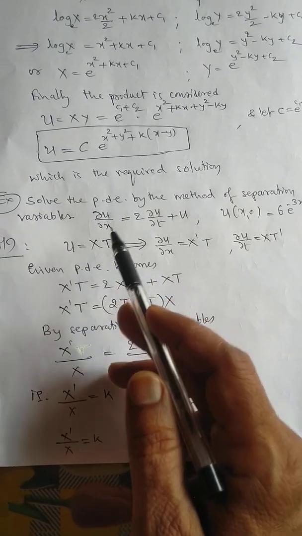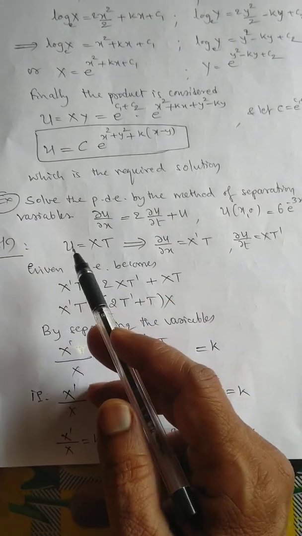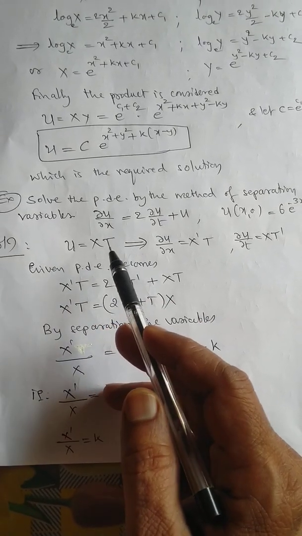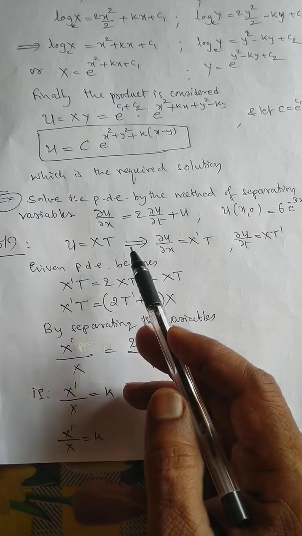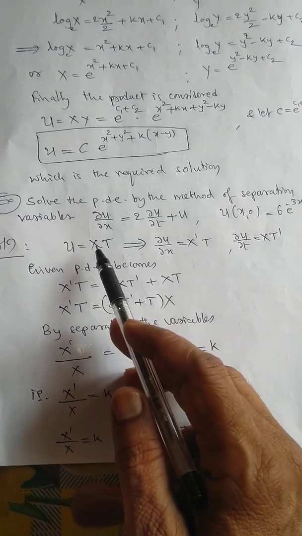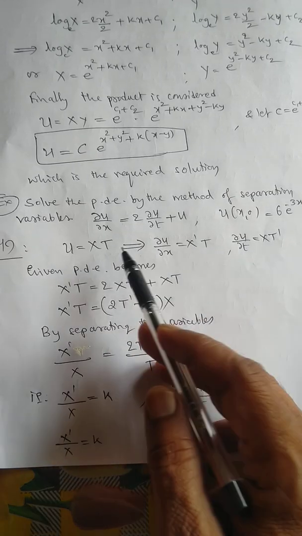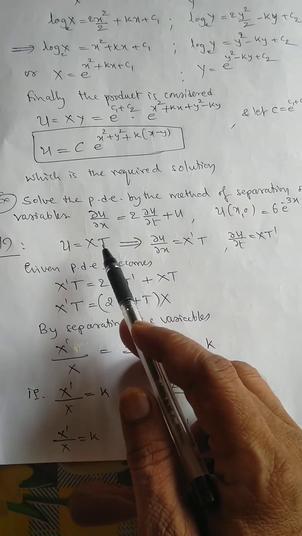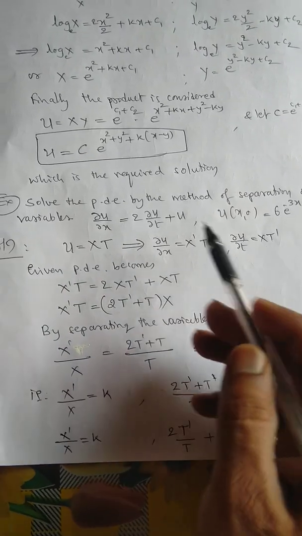So we let u is equal to x into t. By this, dou u by dou x is equal to x dash t and dou u by dou t is equal to x into t dash.